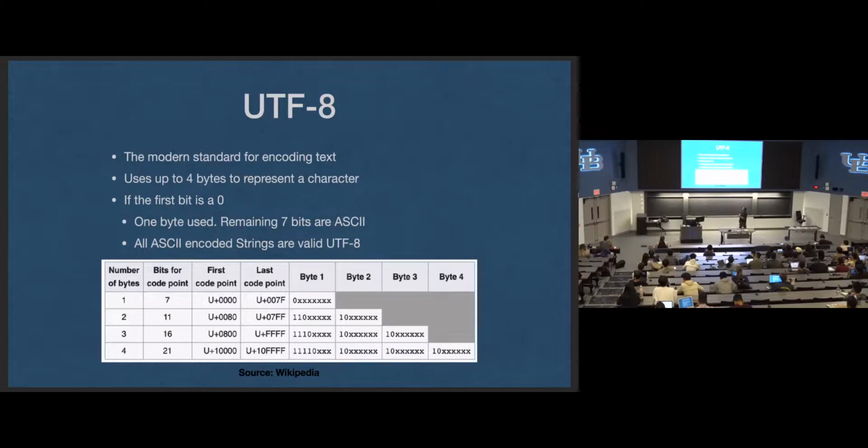One, if the first bit of a character is a 0, then the next 7 bits are exactly the ASCII representation of a character. One really powerful part about UTF-8 is that it's easy to expand from ASCII to UTF-8 because ASCII is a subset of UTF-8. All ASCII is valid UTF-8. Every ASCII string is a valid UTF-8 string. So you can just immediately expand that.